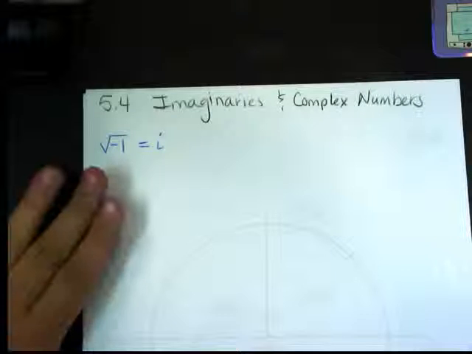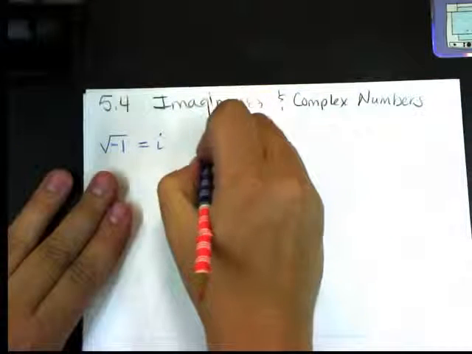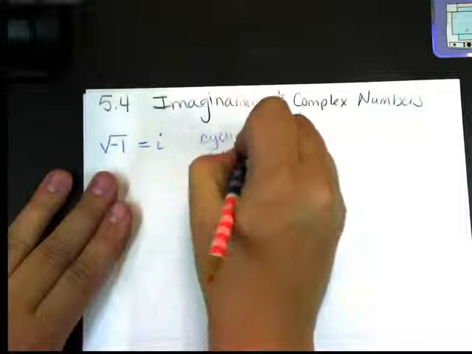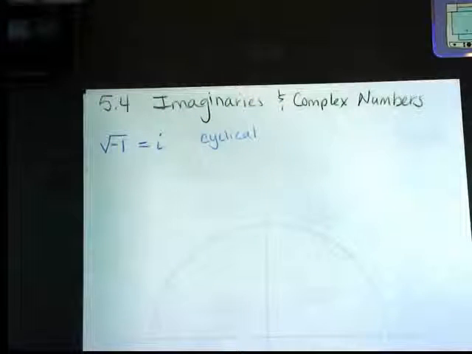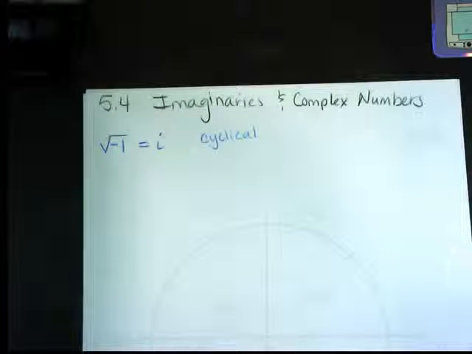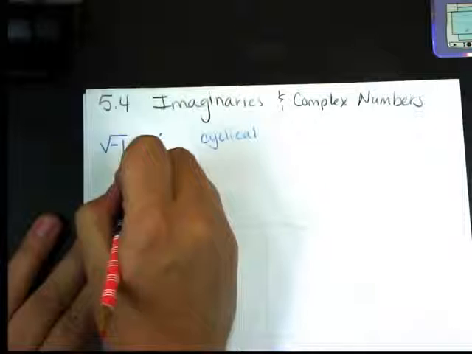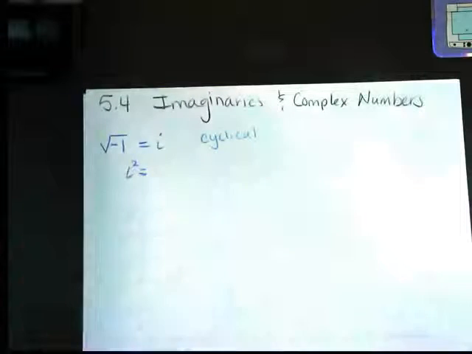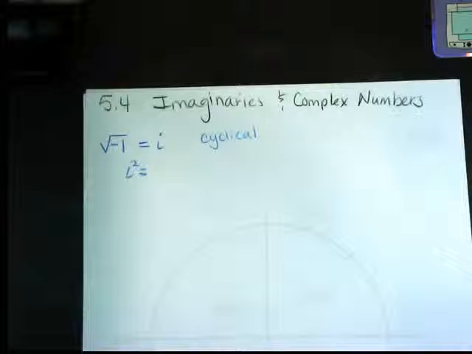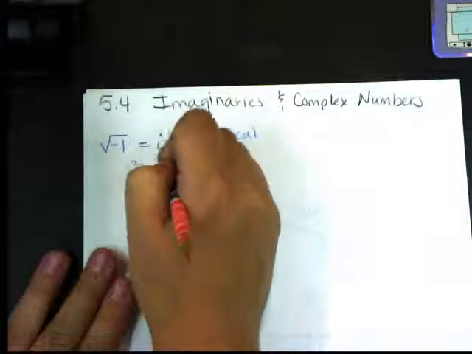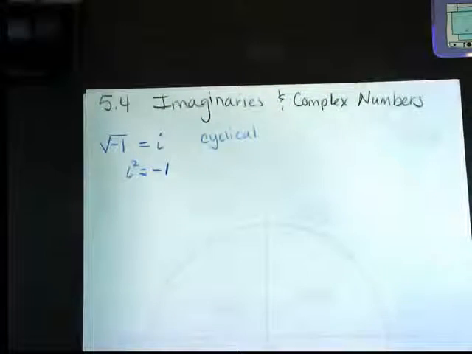Imaginaries are cyclical. What that means is that they go in a cycle. All right? There's more than one type. If I have i squared, i times i is i squared, it actually simplifies to -1.